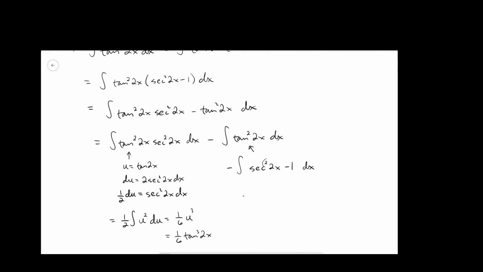Remember what I said about seeing a secant squared just by itself? That's very nice, because the antiderivative of secant squared couldn't get much easier than that. It's just tangent, right? But since there's that 2 there, we do have to use the little substitution rule and say that this becomes 1/2 tan 2x. And then the antiderivative of 1, very simple, is just x. And distributing the minus sign, we get the plus x.